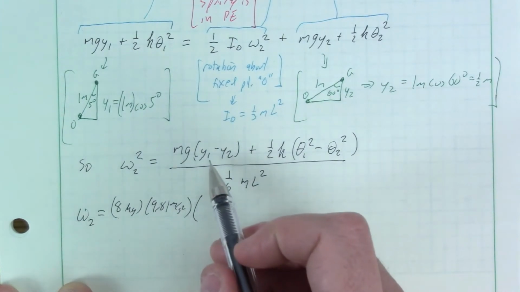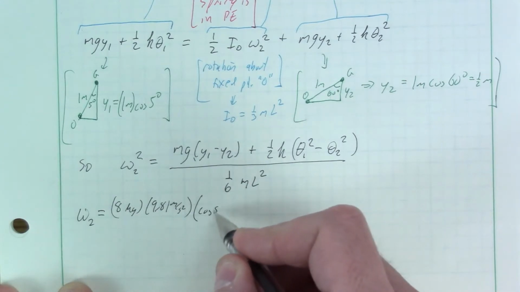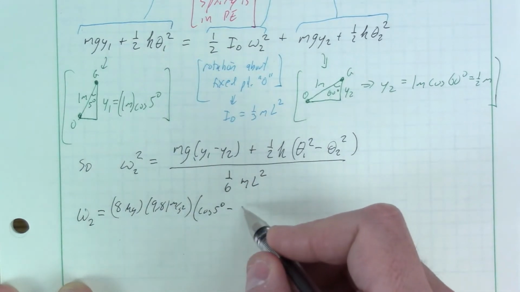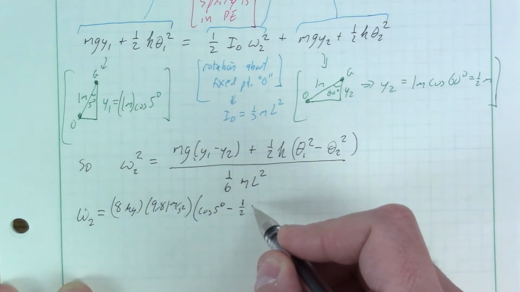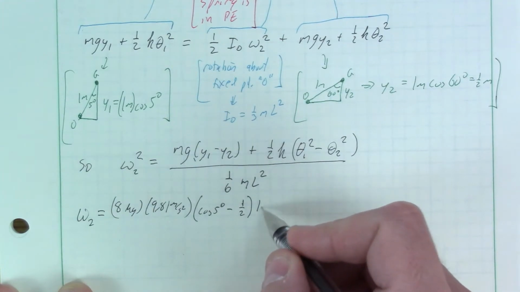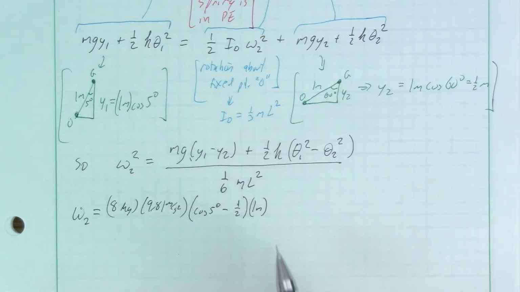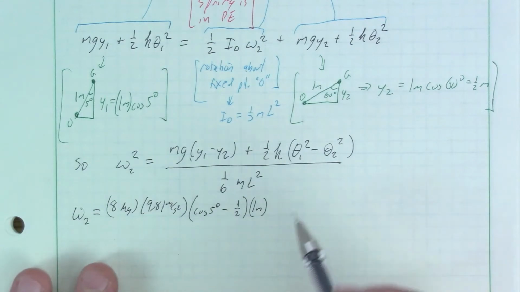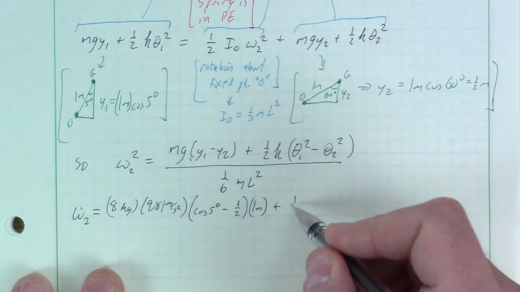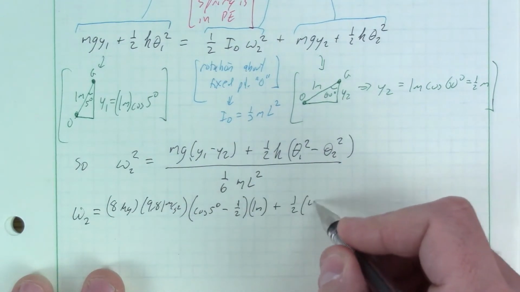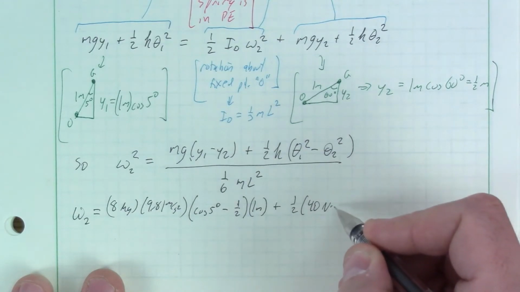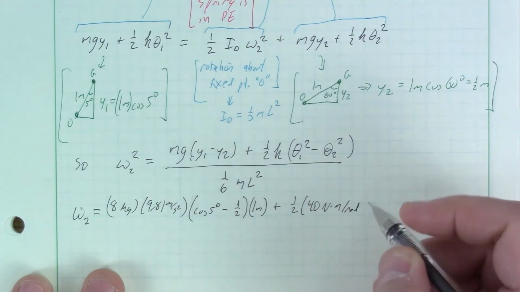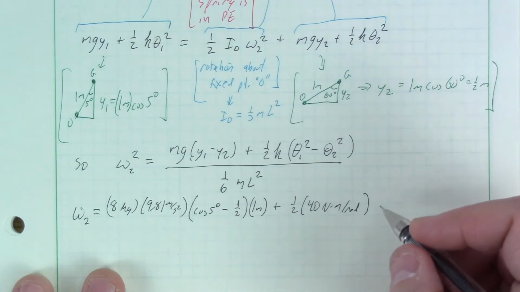This is 1 meter, but cosine of 5 degrees minus cosine of 60 degrees, which is a half. We might as well just put in the 1 meter, so this whole thing is y1 minus y2. Plus 1/2 k, which is given as 40 newton meters per radian for the torsional spring.